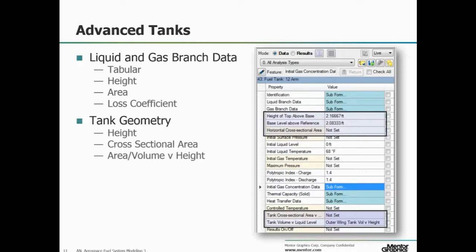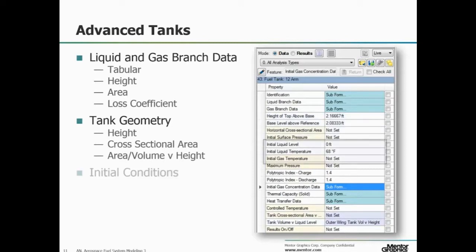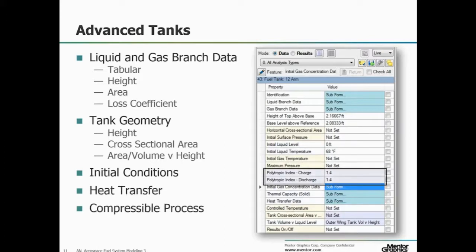You can also define a custom relationship between either area or tank volume as a function of height to account for complex tank shapes. We'll use this capability in our example models today.